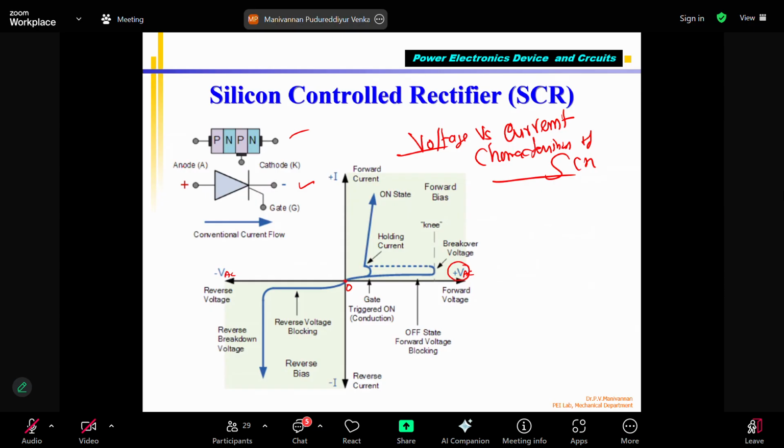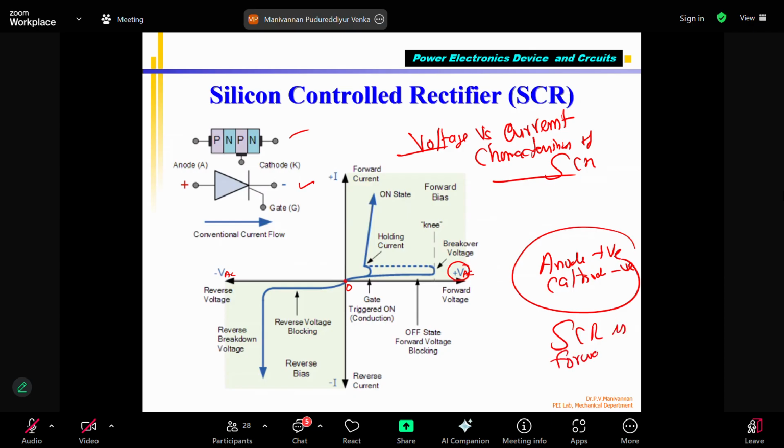You can reverse also. Between anode and cathode, give a positive voltage or negative voltage. If the given voltage is positive, anode is positive and cathode is negative, then the SCR is forward biased. Just like a transistor, we know that for an NPN transistor the collector should be positive with respect to the emitter. VCC we are supplying.